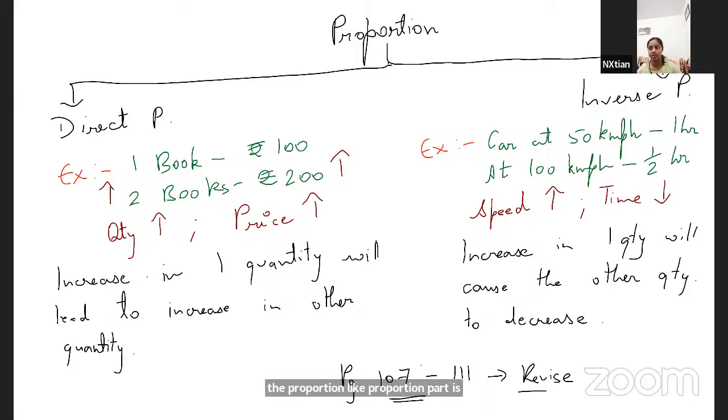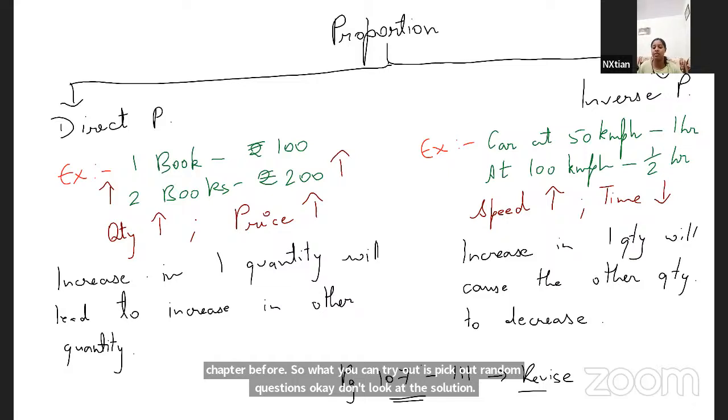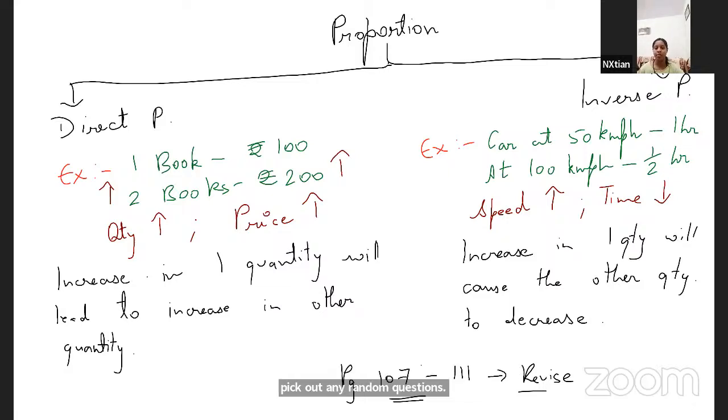I know you all have practiced this chapter before, so pick out random questions from page 107 to 111, from the exercises or the examples, and try them out by yourself without looking at the solution, to check if you are able to do it. This is the homework for today. We will continue further with proportion in the next class.